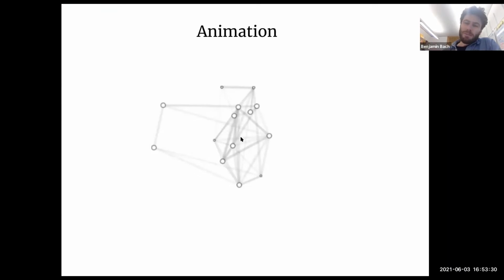One of the first techniques that comes to mind to visualize changes in a graph is animation. If this had played, you would see these nodes jumping around, because in a force-directed layout, when 2 nodes are connected, they are pulled together, and if the connection breaks, they float apart.